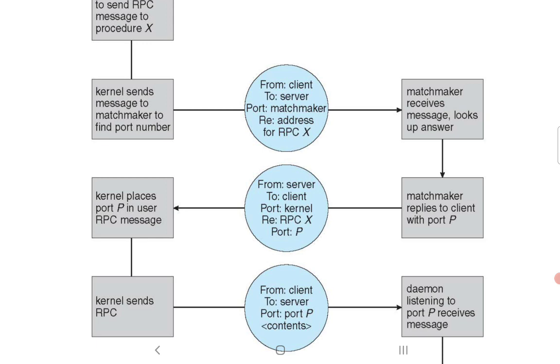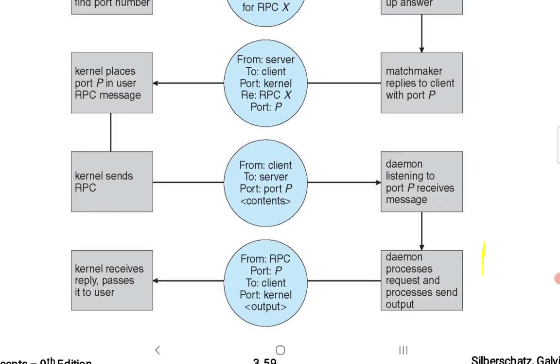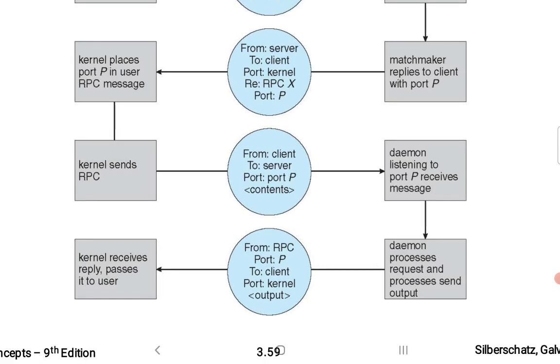The kernel will take the actual message and return the answer to the client itself. Now the client will be listening, waiting for the message to be received. And when the message is received, the client will take back the values that the server has sent and continue execution.